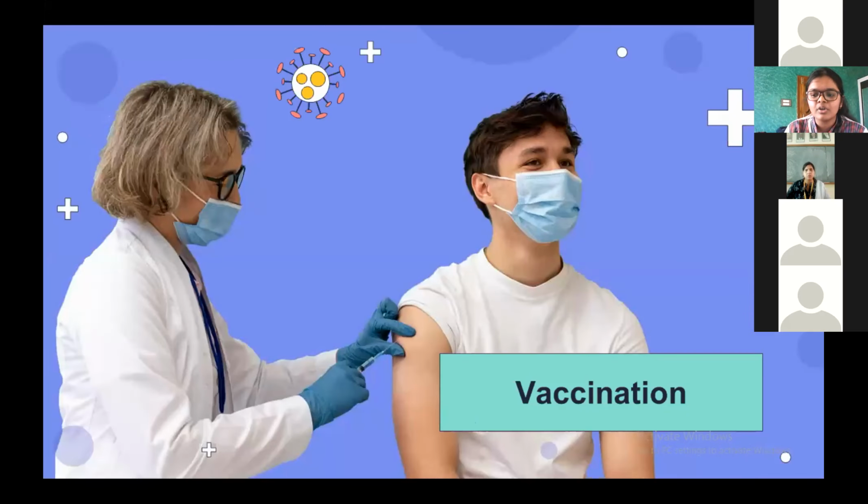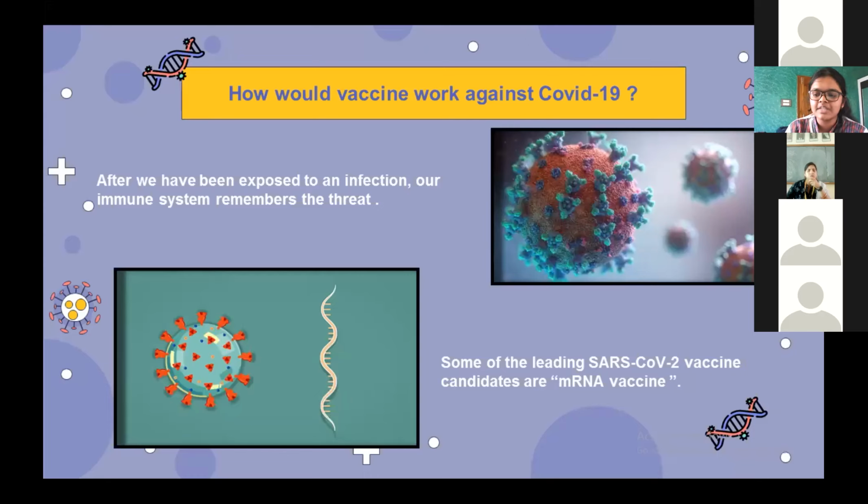Here is a more efficient way to prevent coronavirus: vaccination. Looking at the mechanism of vaccination, once our body is exposed to the virus, the B cells present in our body remember the threat. Most of the leading SARS-CoV-2 vaccines are mRNA vaccines.